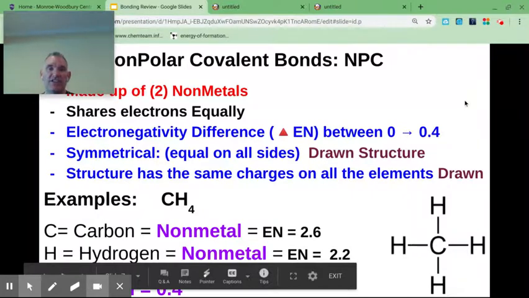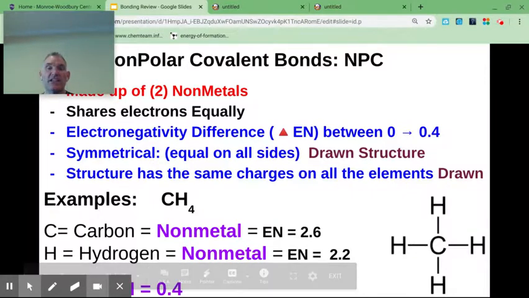And notice they're still all the same. So CH4 indeed is nonpolar covalent. Again, a lot of work, but once you see it once or twice, you'll always know CH4 is nonpolar. That's not going to change. So let's take a look at a couple more examples here with nonpolar, just to see the process once again.